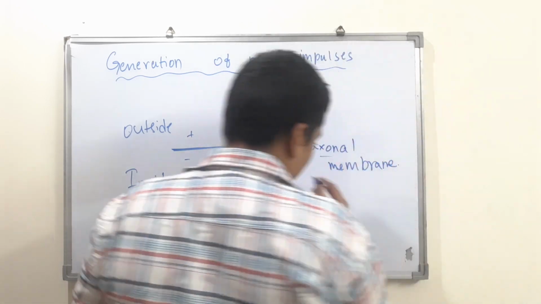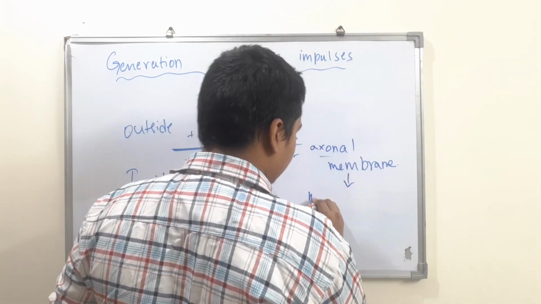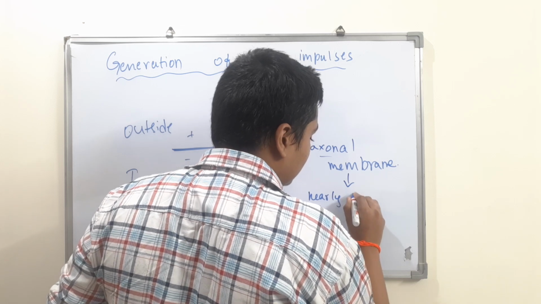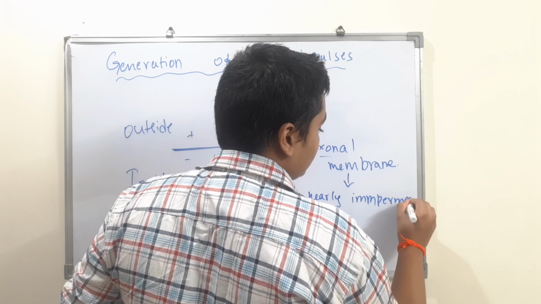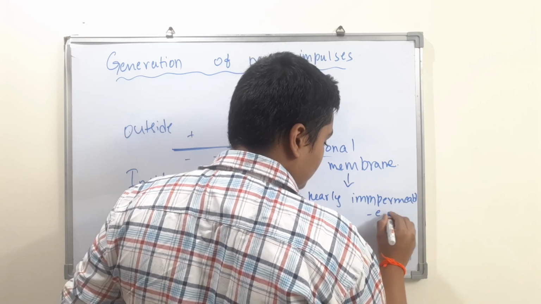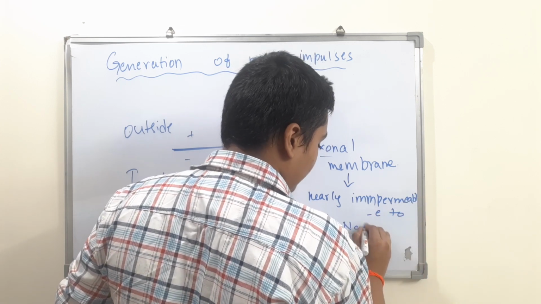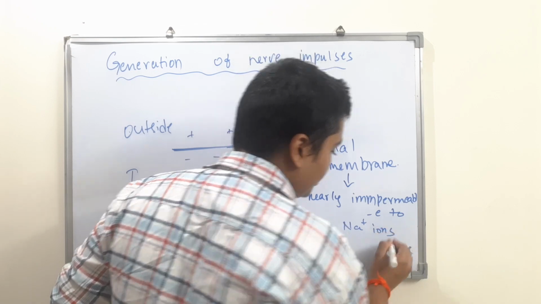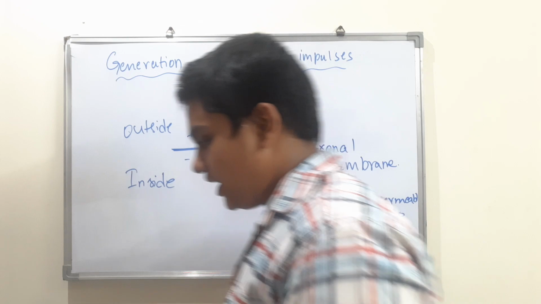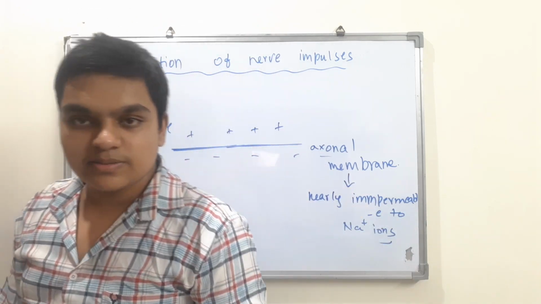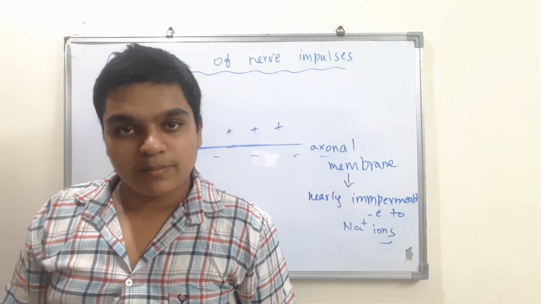Consider this axonal membrane is nearly impermeable to Na plus ions, sodium ions. And for what ions is it permeable? We have seen sodium and potassium; sodium it is impermeable to, and for potassium it is permeable.